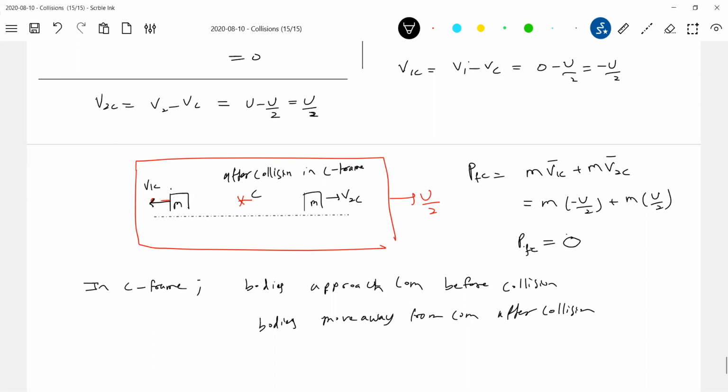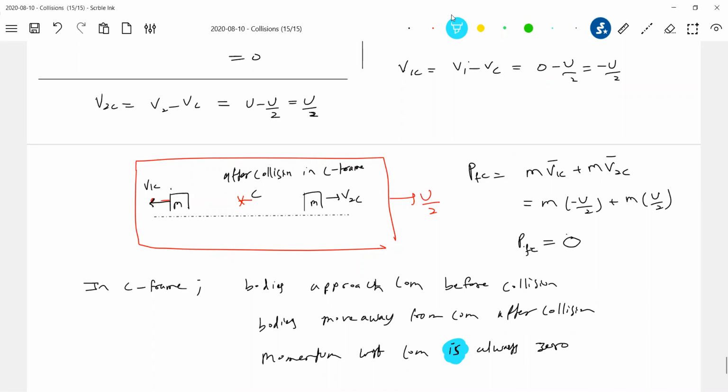For this problem, I'm just giving the description. Then momentum with respect to center of mass is always zero. So this is also going to help us a lot, no? You know momentum with respect to center of mass is zero before collision, zero after collision. During collision also it will be zero. Momentum with respect to center of mass is always zero.